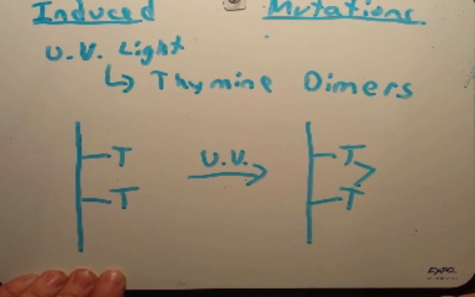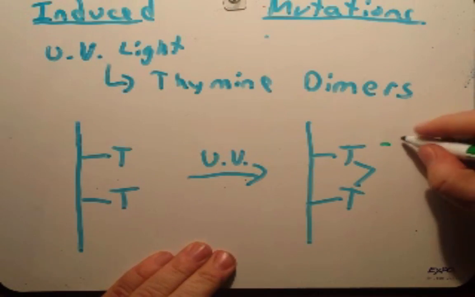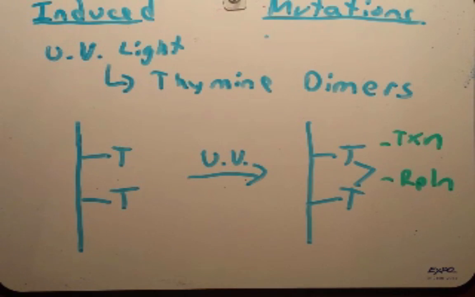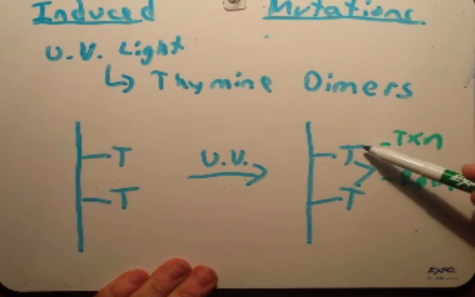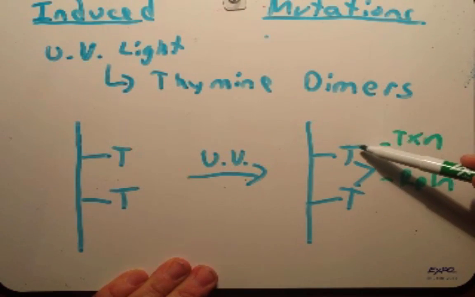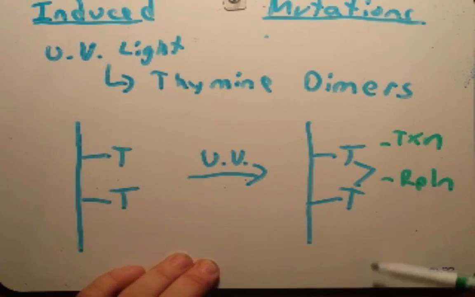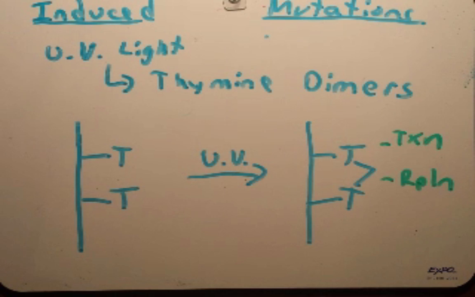They are connected. These thymine dimers cause two problems. They cause problems in transcription, TXN for short, and replication. These dimers interfere with the replication machinery to copy these pieces of DNA, and the transcription machinery cannot read through these to make the appropriate messenger RNAs.